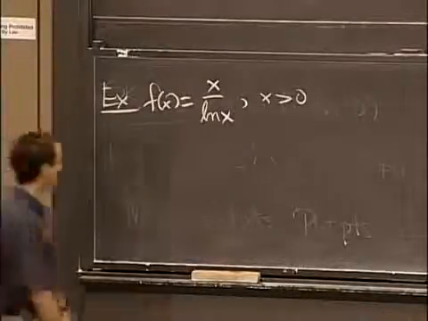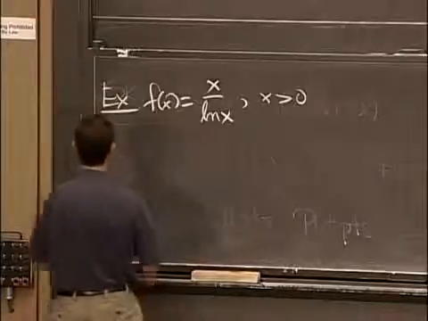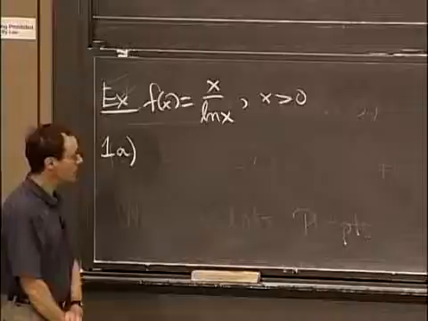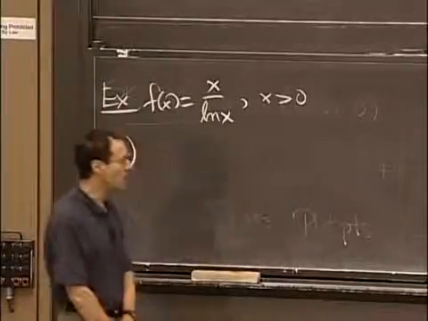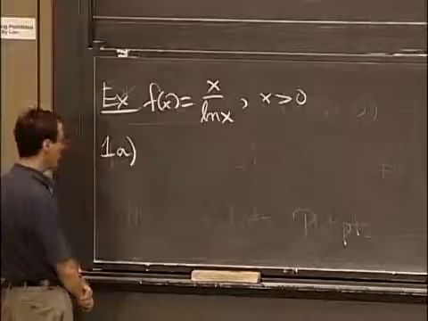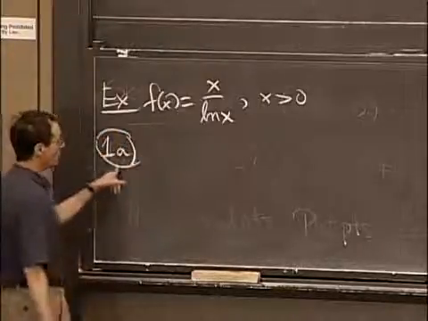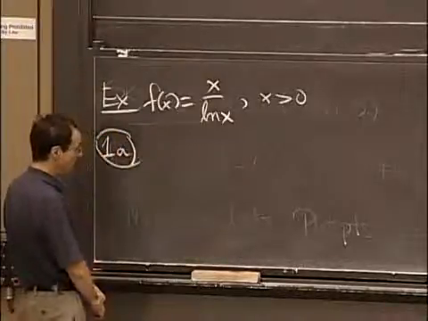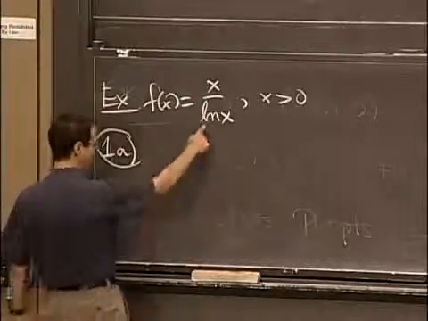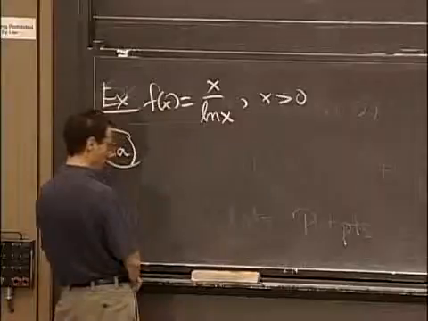So the first thing that I'm going to do is follow the scheme here, because if I don't follow the scheme, I'm going to get a little mixed up. So the first part is to find the singularities, that is the places where f is infinite. And that's when the logarithm, the denominator, vanishes.